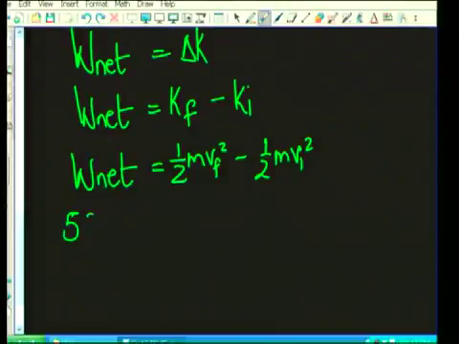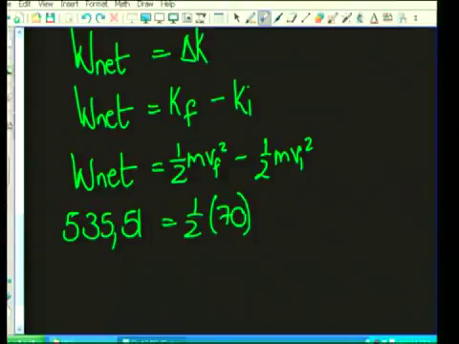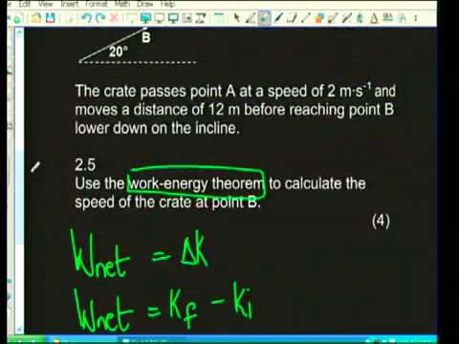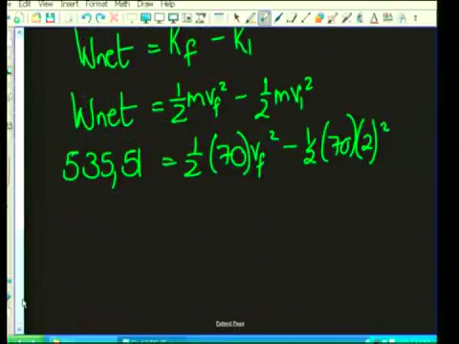So, work net, 535,51. Mass, well, that hasn't changed. It was 70. I want final velocity. Mass is still 70, and initial velocity is 2, because they told you that it's going at 2 meters per second when it reaches A.